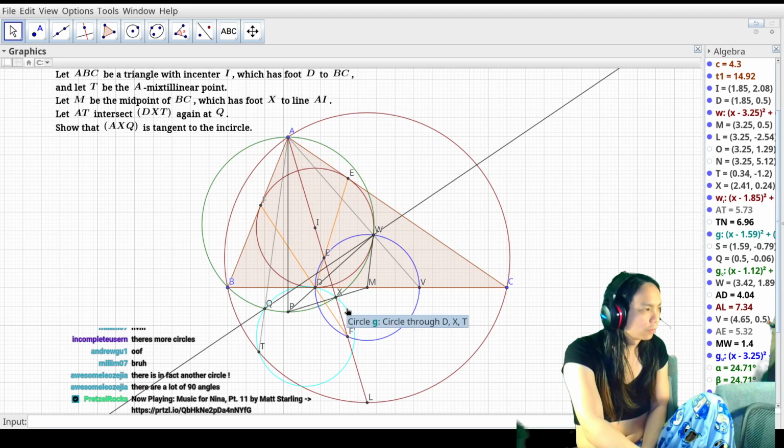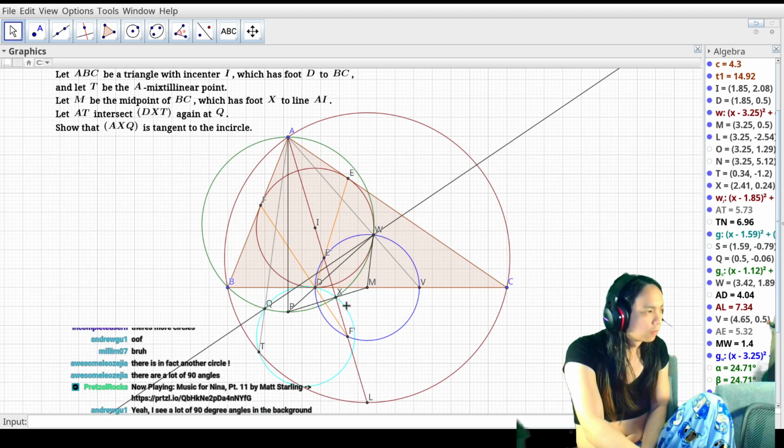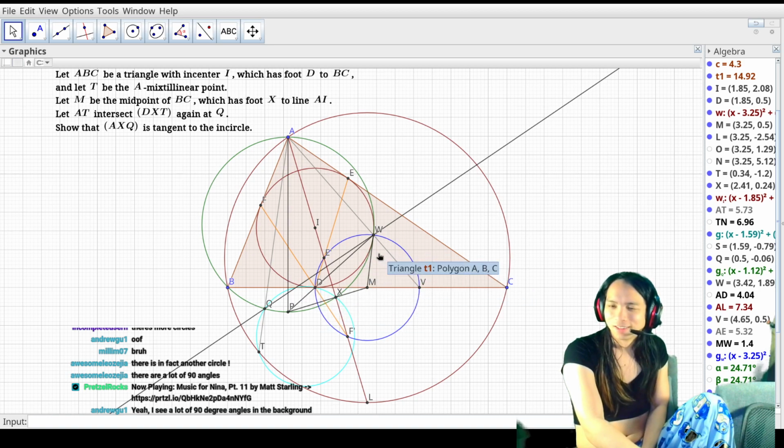How do I check this? There are so many 90-degree angles.